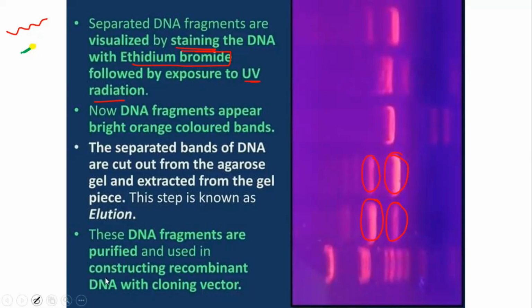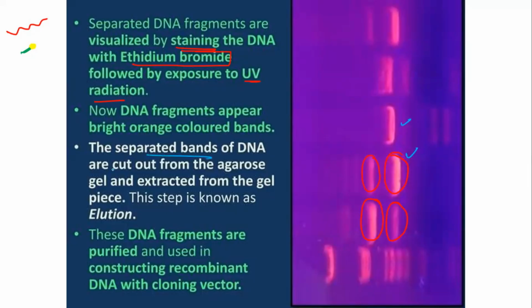We add this ethidium bromide, run the gel, and then use the UV illuminator. Watching this DNA under UV light, we can see bright orange colored bands appearing.